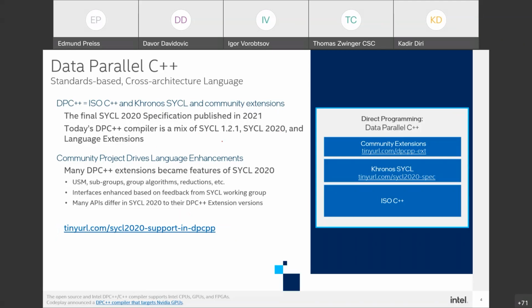Note that we are in the process of migration from one SYCL standard to the other. We are deprecating and removing some of the older features which are replaced by new features in SYCL 2020. And that's why we are listing version by version what is exactly supported in which compiler package.